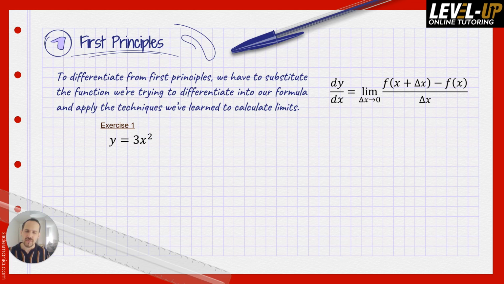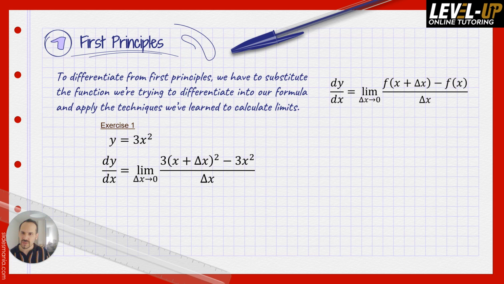Say we now want to find this gradient function for it, dy over dx. It's going to be this. We're finding the limit as delta x goes to 0 of f of x plus delta x minus f of x, all over our change in x.